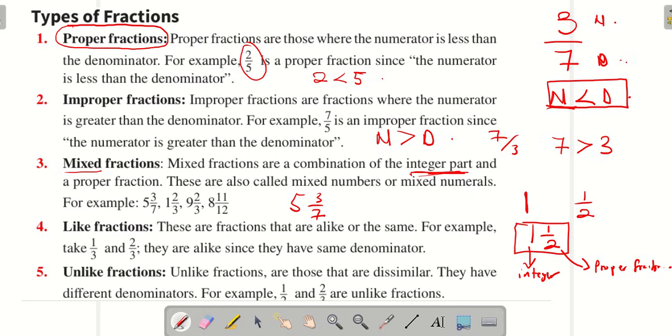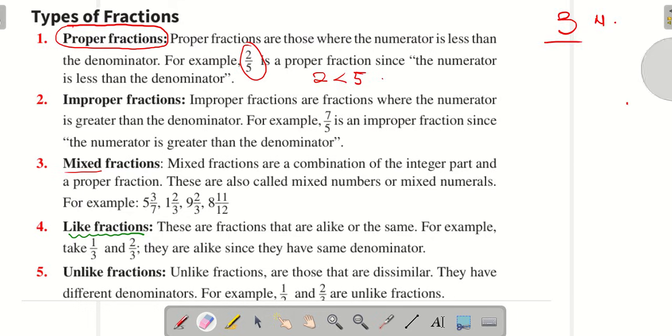Now let's move on to the next one, which is the like fractions. When do we say two fractions are alike? These are fractions that are alike or the same.